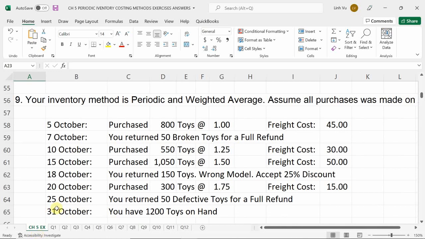Then on October 18, we end up returning 150 toys. They were the wrong model, and we were willing to accept a 25% discount. So 150 of those toys were the wrong model, and we were willing to accept a 25% discount.